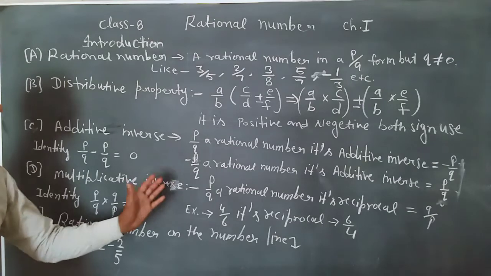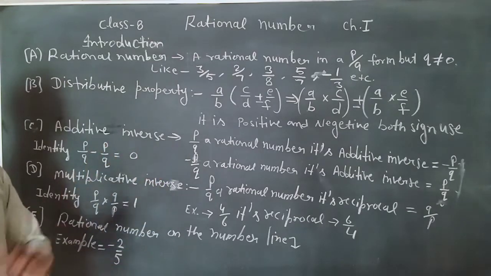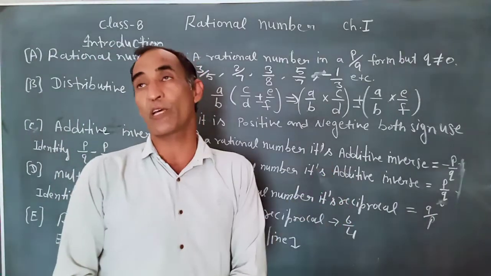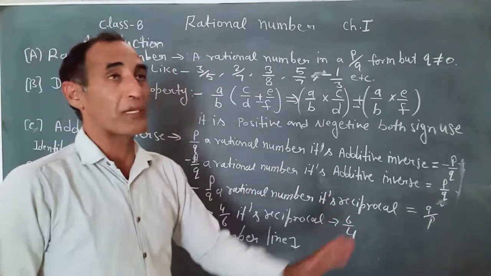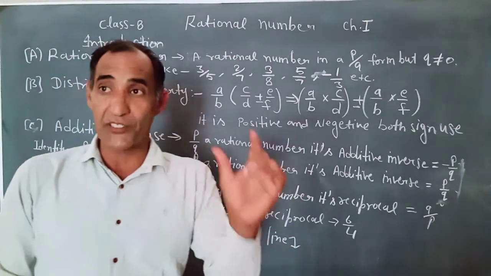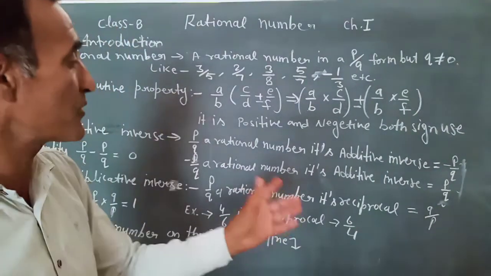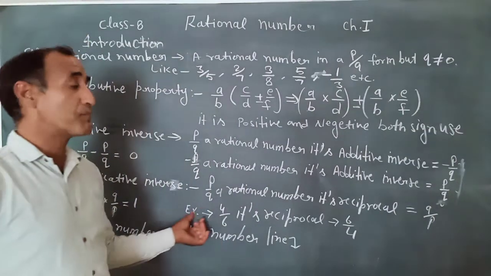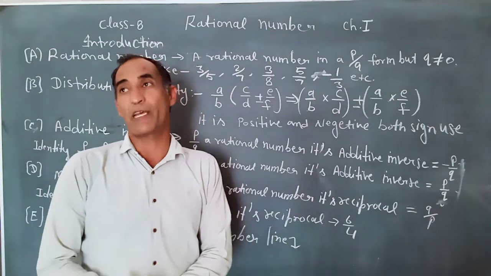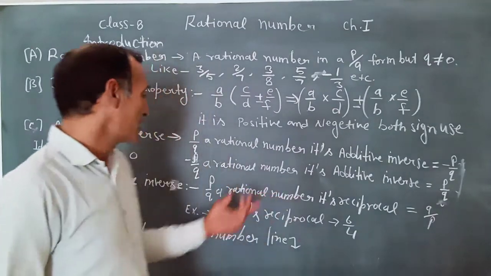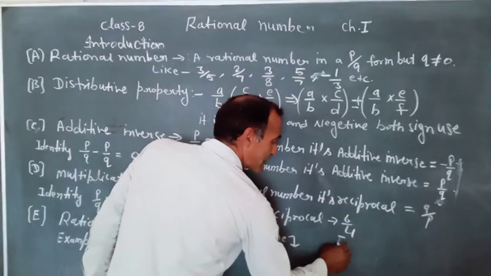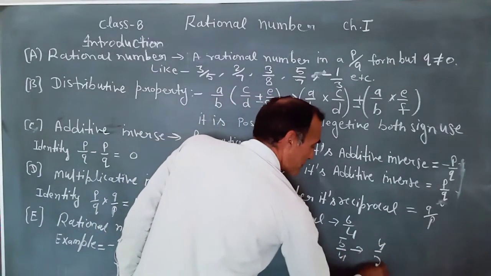Next, multiplicative inverse. For a rational number p upon q, its reciprocal is q upon p, which means the numerator converts into the denominator and the denominator converts into the numerator. Examples: 4 by 6, its reciprocal is 6 by 4. Another example: 5 upon 4, its reciprocal is 4 upon 5.